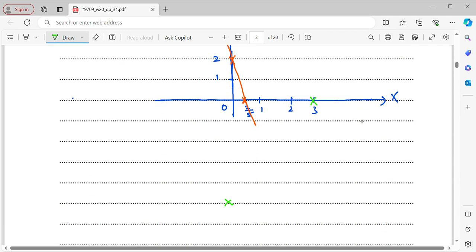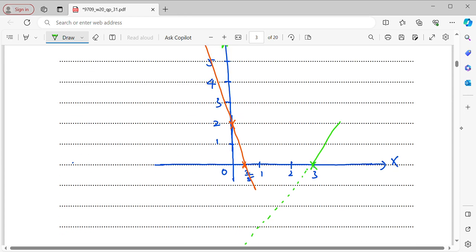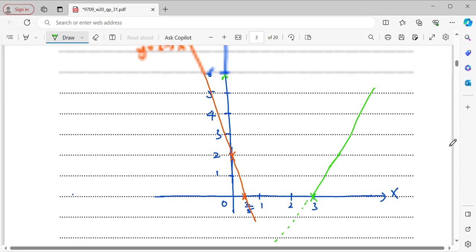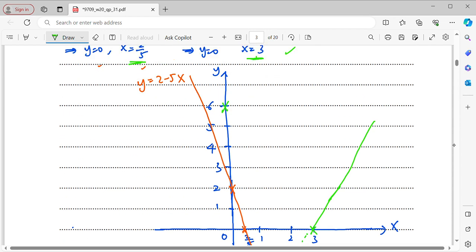So remember, the original line should be like this. Make sure you draw a straight line. The line is not very straight.